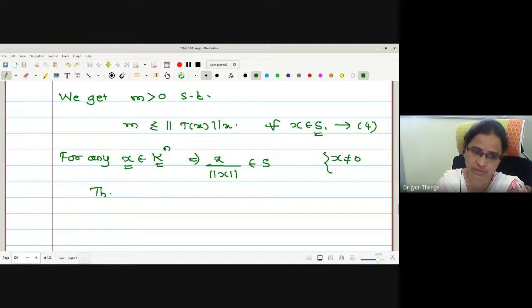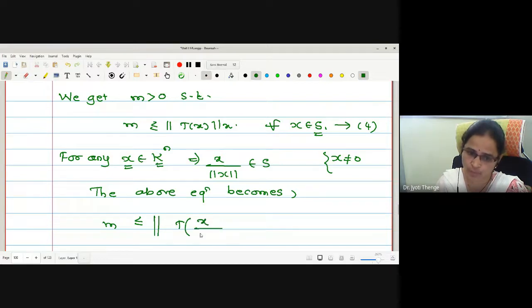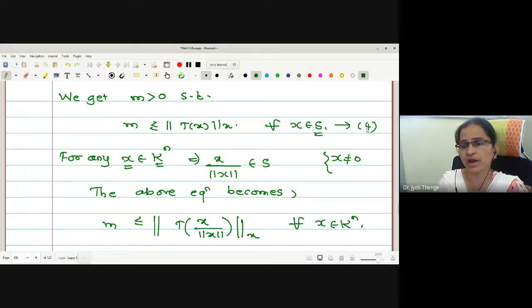Therefore, the above equation becomes m less than or equal to norm of T of x upon norm of x, and it is true for all x in Kn now. Understood the switch from x in S to x in Kn? We have converted the arbitrary vector to an element of S by dividing with its norm.